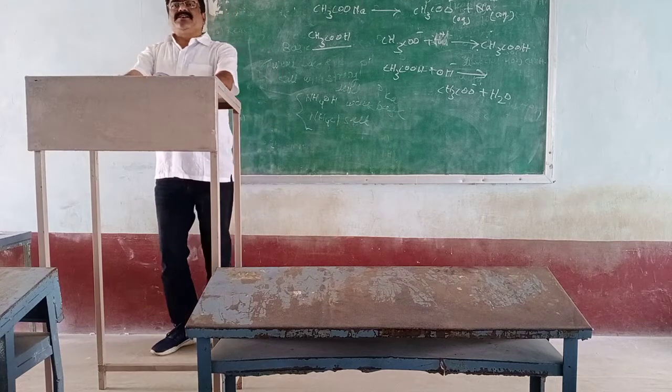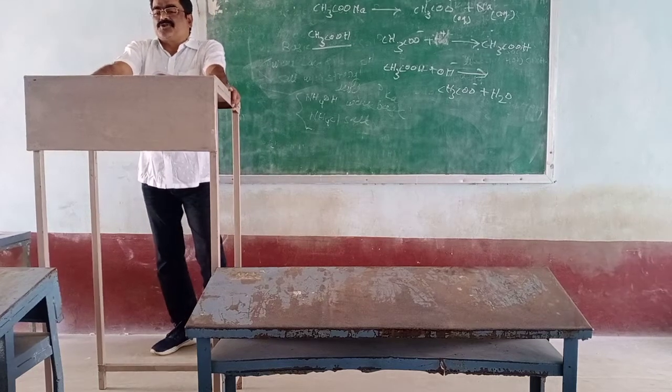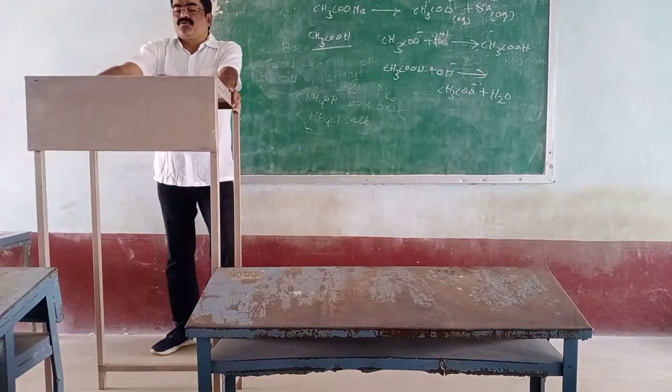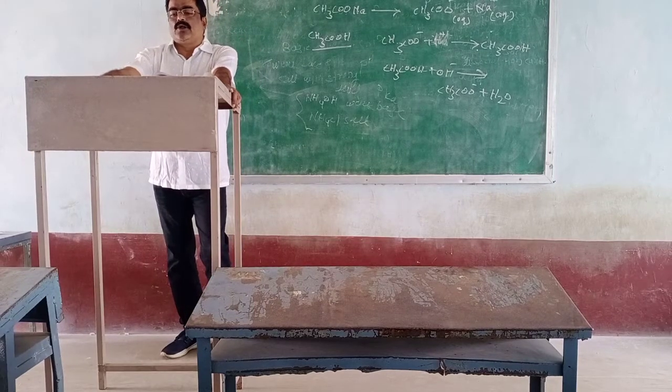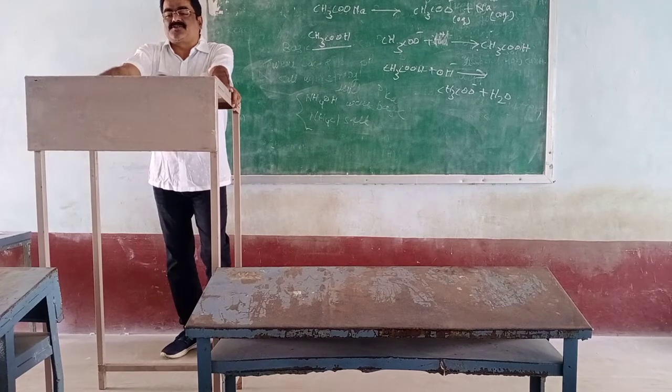Then, in case of the agriculture field, the soil gets buffered due to the presence of salts such as the carbonate, bicarbonate, phosphates, and the organic acids.